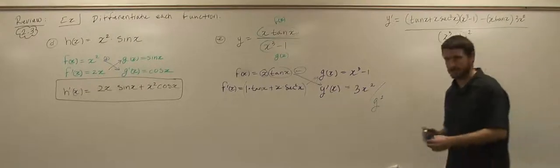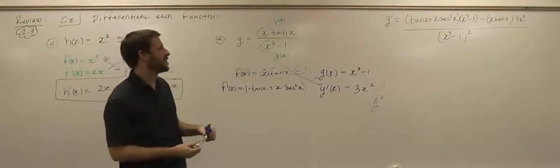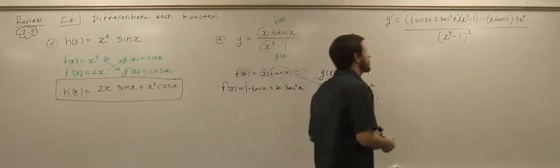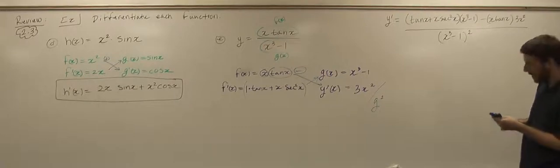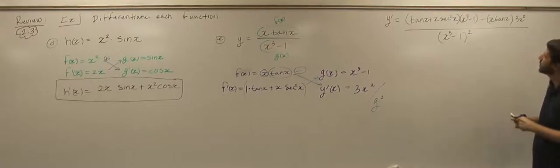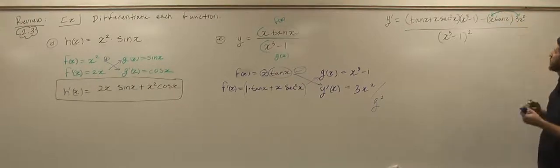Yeah, I wouldn't try to simplify this too much. About the only easy simplification you can do is multiply this x and this 3x squared.